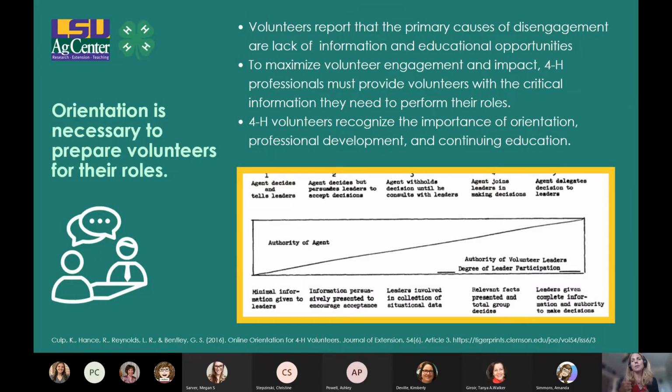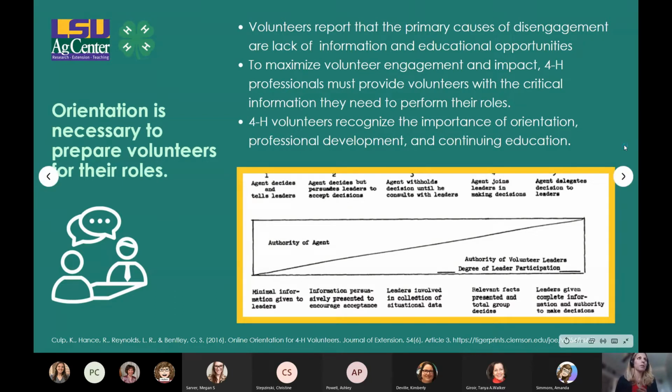Volunteers reported that the primary causes for being disengaged or unenrolling from a position are a lack of information, as well as a lack of educational opportunities available to them. To maximize their involvement, it's critical that we give them the essential material they need. They recognize that it's important. They want those orientation opportunities, professional development, and continuing education in order to be successful in their roles, but also because they're looking for more autonomy and more leadership when they're serving within our programs.